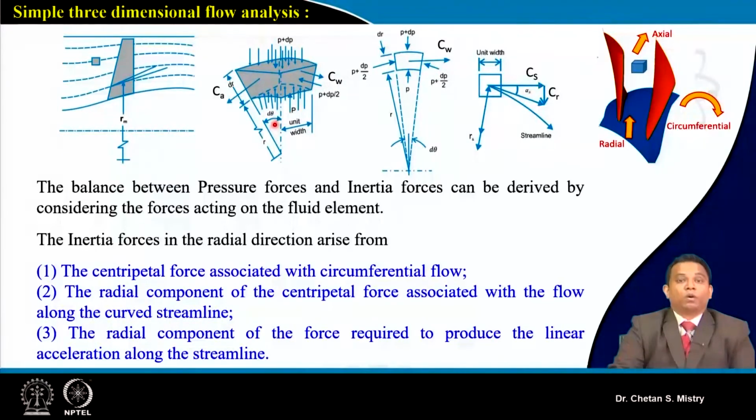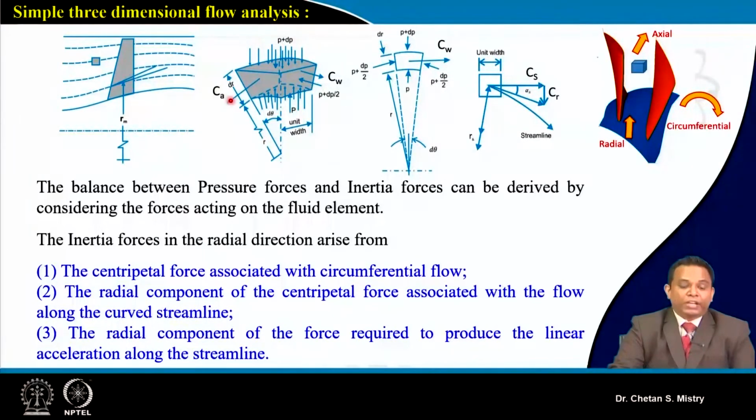Now we know that because of the movement of this particle within the blade passage, we will have a rise of pressure. That's my diffusive action. So I will represent my pressure on the downside as P, and on the upper side I will put my pressure as P plus dP.